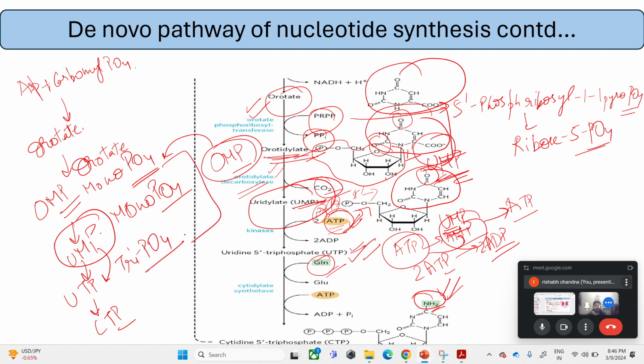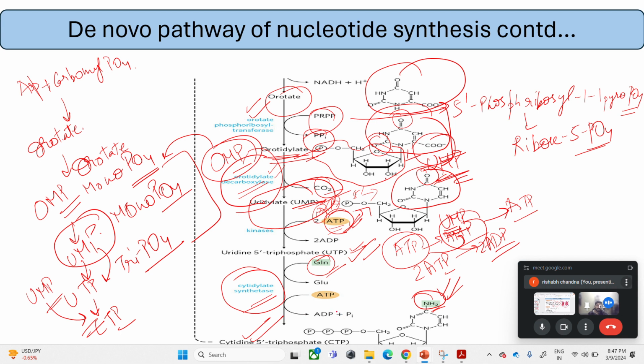Such kind of questions are asked in competitive examinations, that what kind of phosphate is formed during the reaction. First the UMP is formed, that is uracil, and that is converted to cytosine. Uracil is formed basically from orotidylate decarboxylase, the major enzyme forming UMP, and cytidylate synthetase is helpful in formation of cytidine 5 prime triphosphate or the CTP.